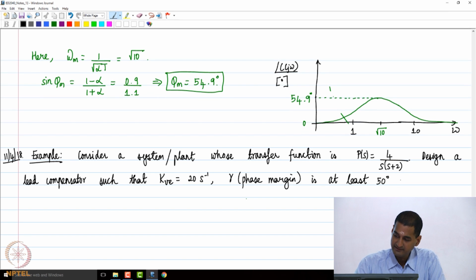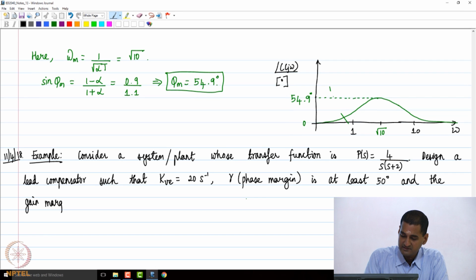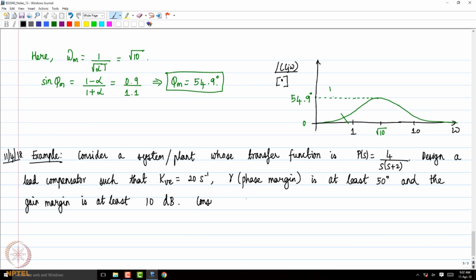And the gain margin is at least 10 decibels. And of course, consider unity negative feedback. So that's the problem statement.